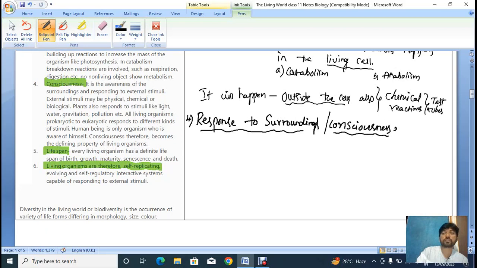Consciousness, right? Now, whether non-living beings respond to surroundings, right? Whether the table responds to the surrounding? No, perfectly no.